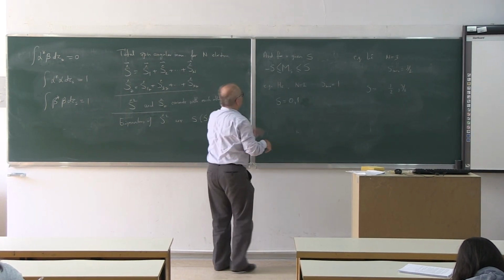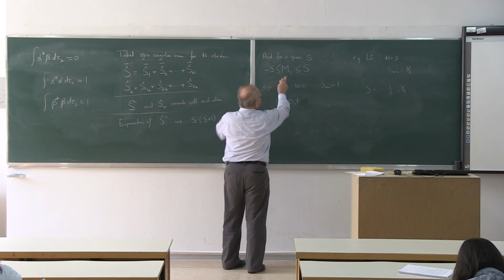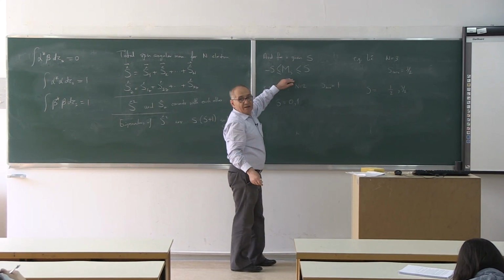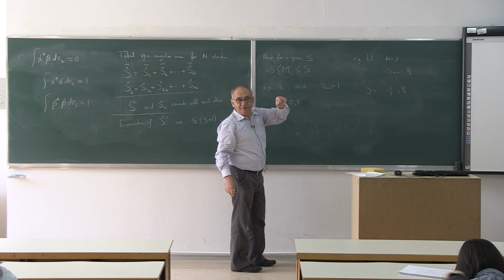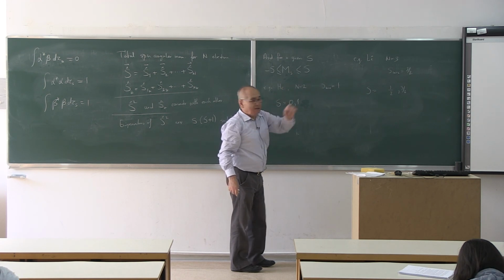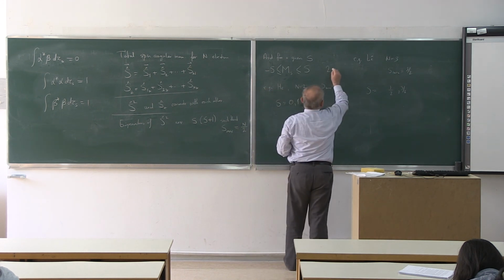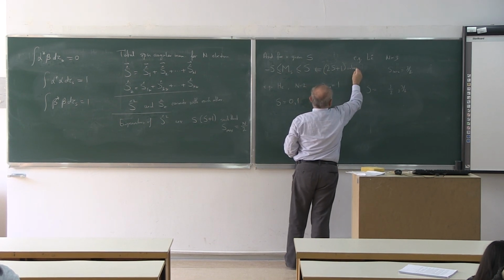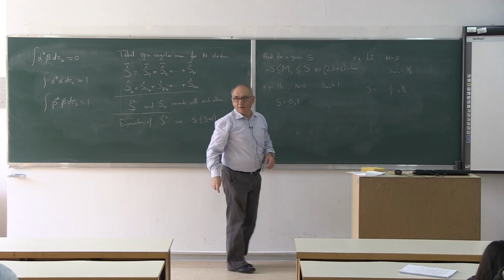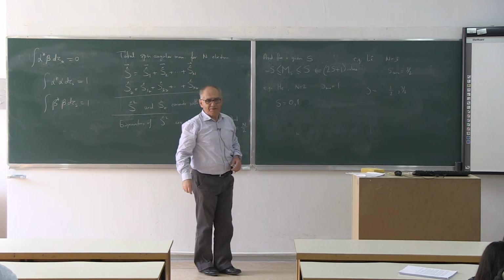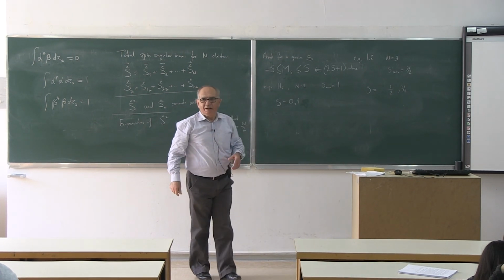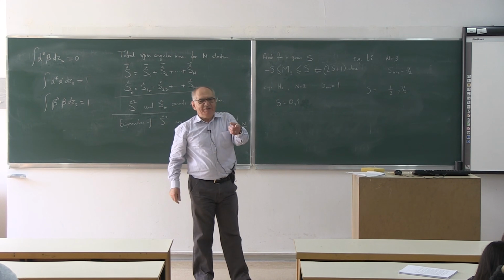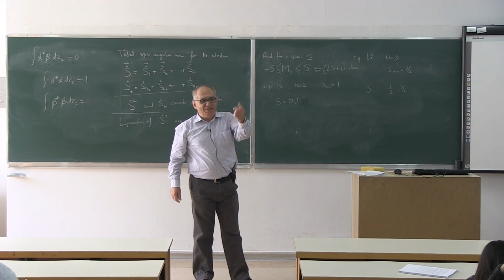Number of MS values here. The expression is the same as for the L quantum number. There are 2 times S plus 1 values for the MS. Let us apply it even to the single electron.